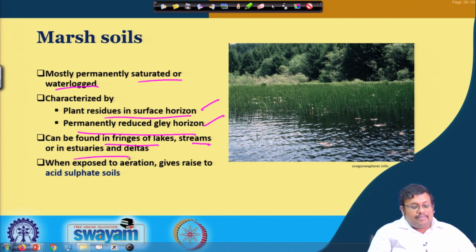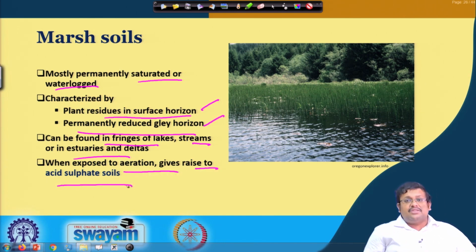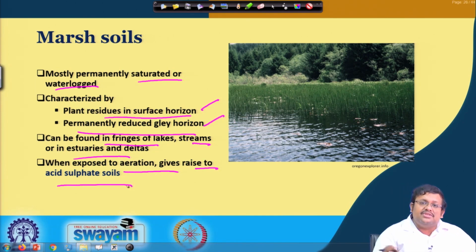Now, when these marsh soils are exposed to aeration, it gives rise to acid sulphate soil, because they have a huge amount of sulphide, and this sulphide gets oxidized to produce the acid sulphate soils. Some of these acid sulphate soils in India can be found in the state of Kerala.